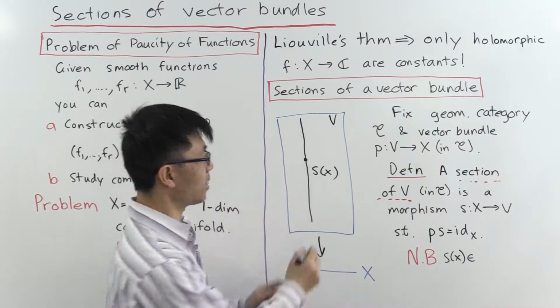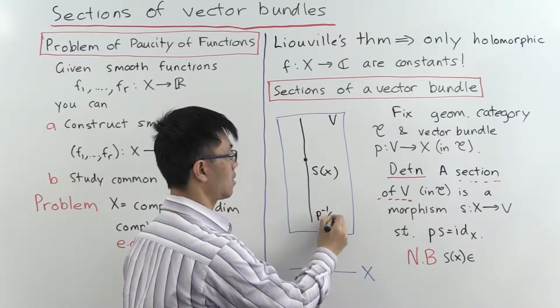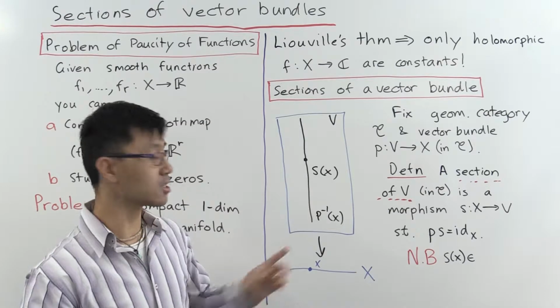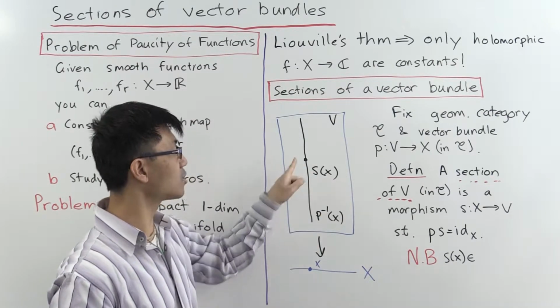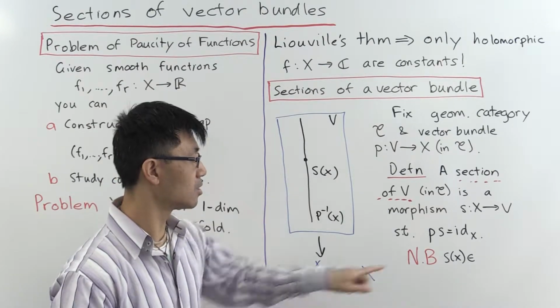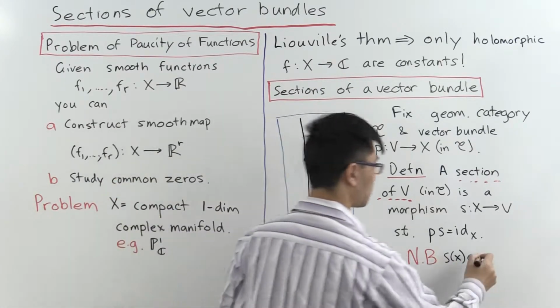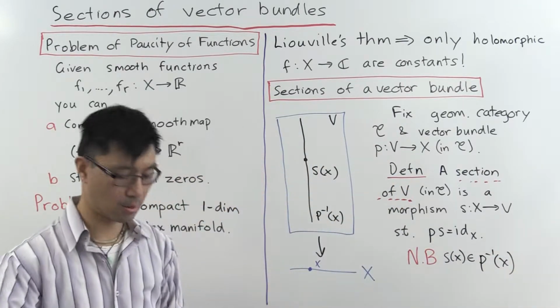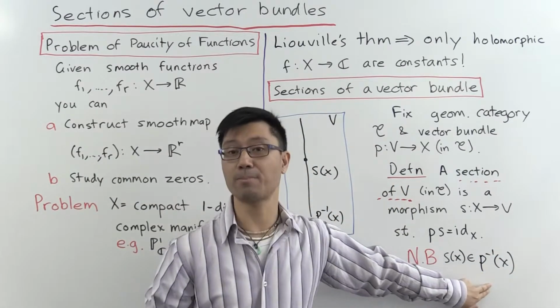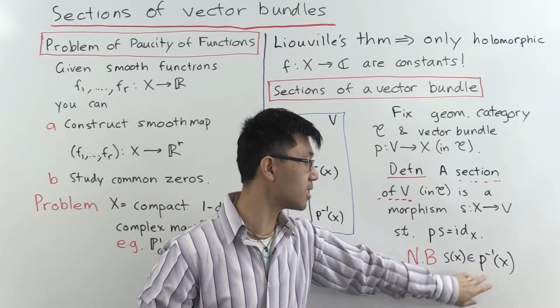So this line is P inverse of x, the vector space associated to the point x. Then S of x has to be a point of that. So S of x has to be in P inverse of x. And remember, this is a vector space.